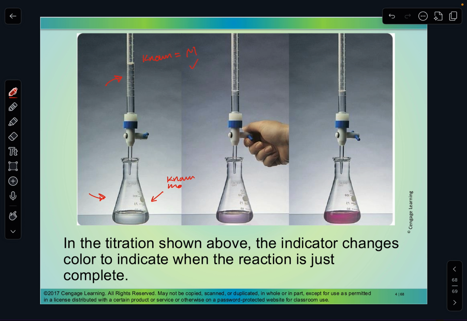We'll use an indicator to be able to tell when this is complete, so you can see this color change, and we will be able to see the exact volume that we need to add in order to get a color change to occur.